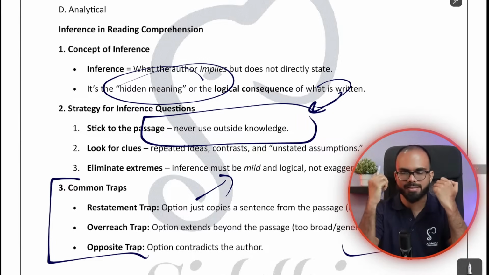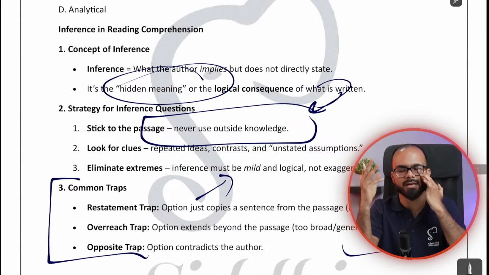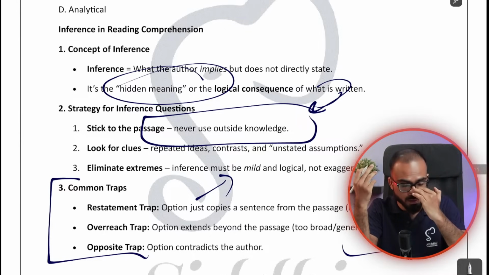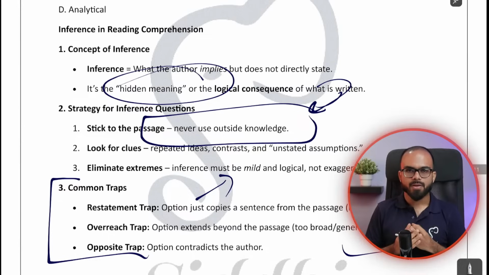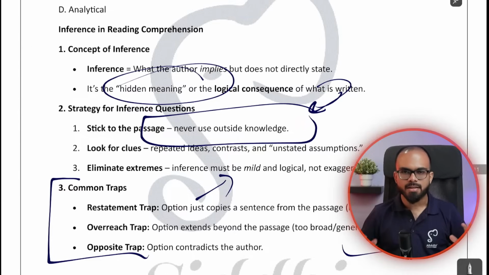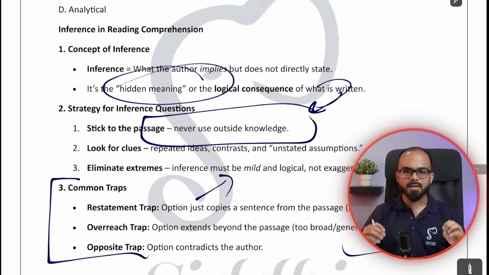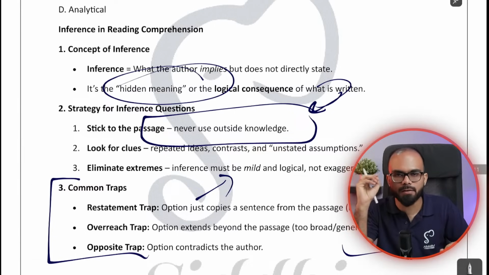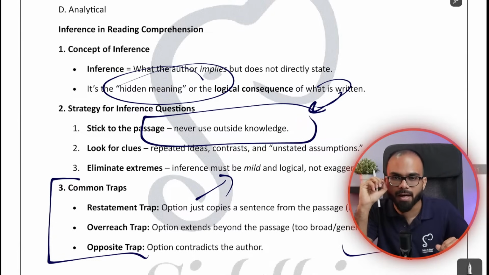For example, let us take the example of tariffs. Now, you read an RC of around 150 to 200 words. The RC says that the US imposed a lot of tariffs, but the tariffs have a minimal effect on the country. This is the RC. In the options, it says tariff has a massive impact on textiles and gem industry.